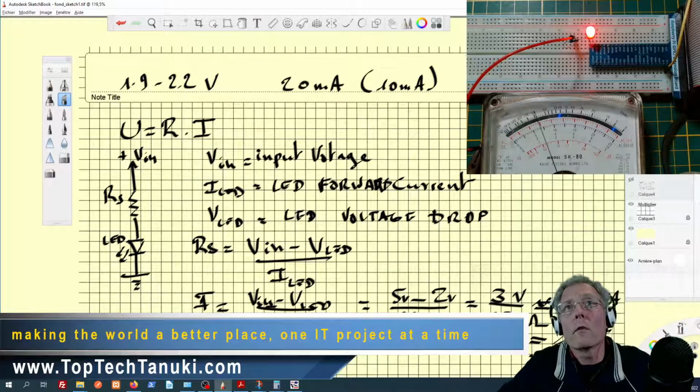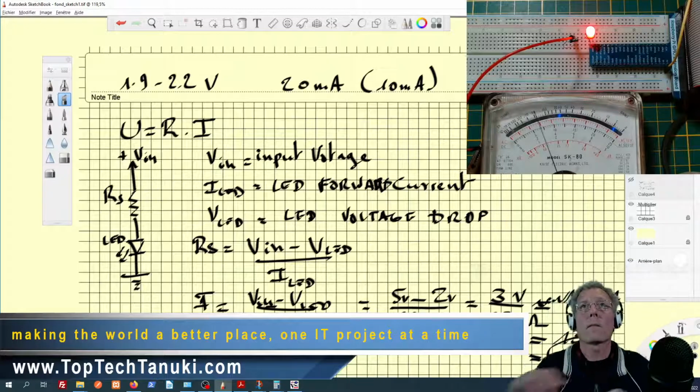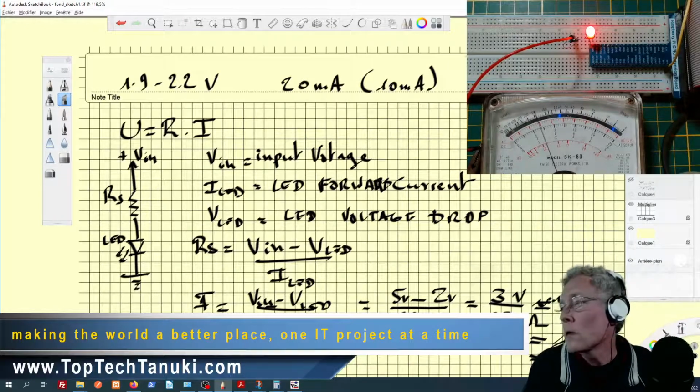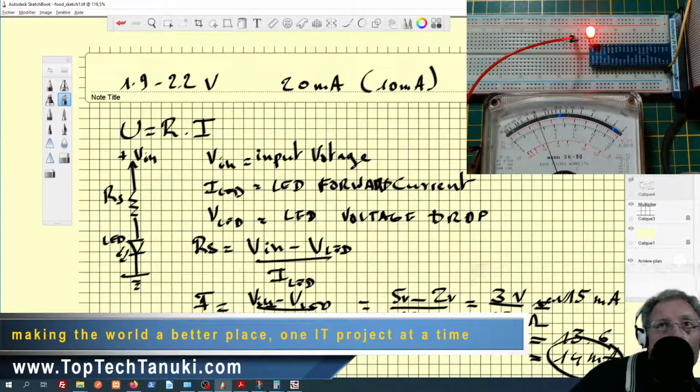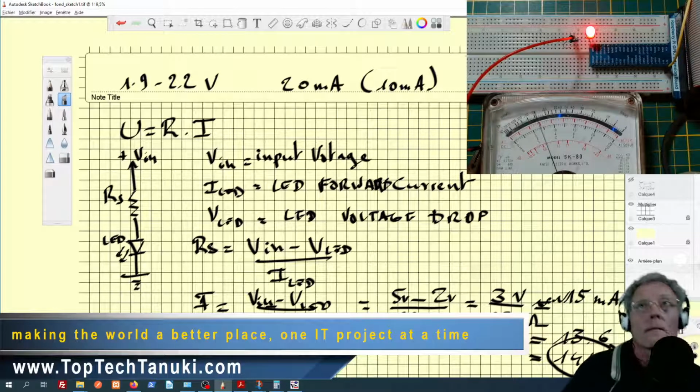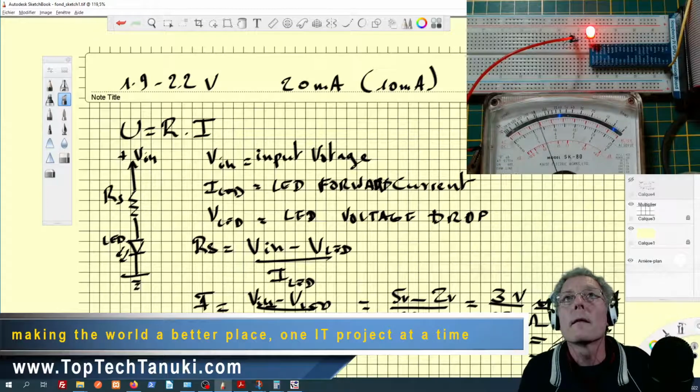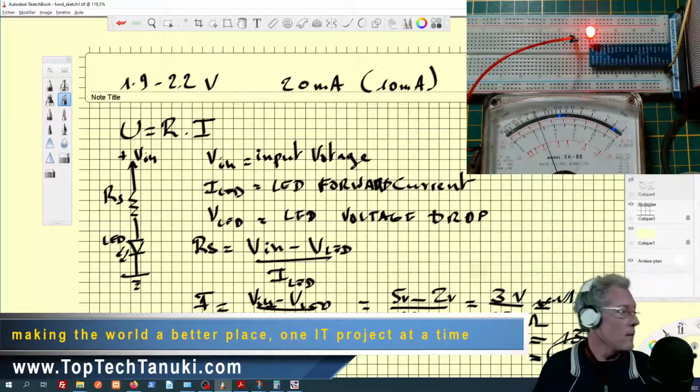7 by 2 is 14, which is consistent with what we had here, 14. Yes, that's it. So it's consistent. We have what we expected.